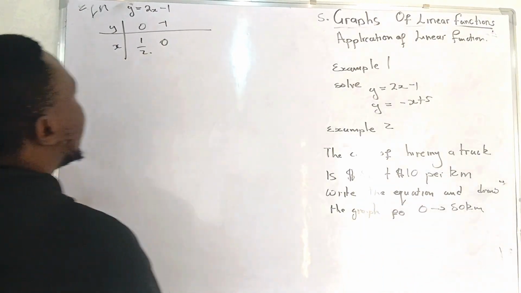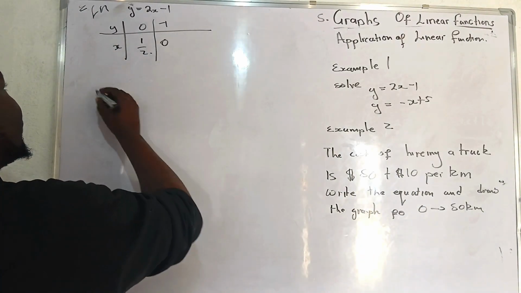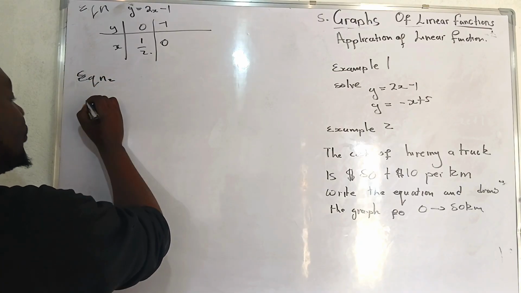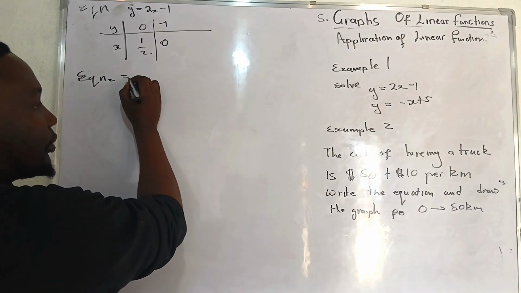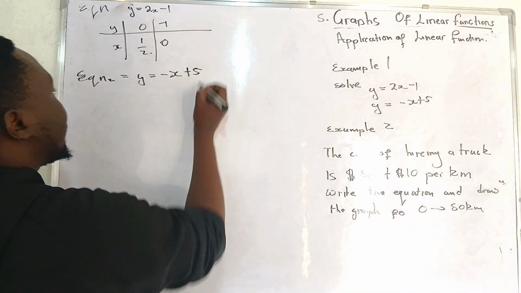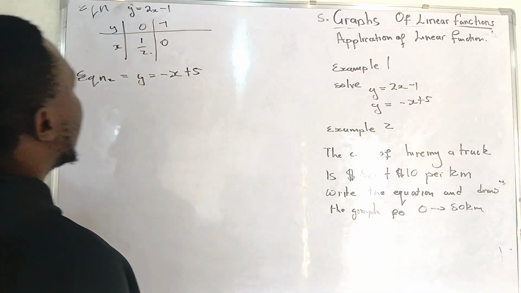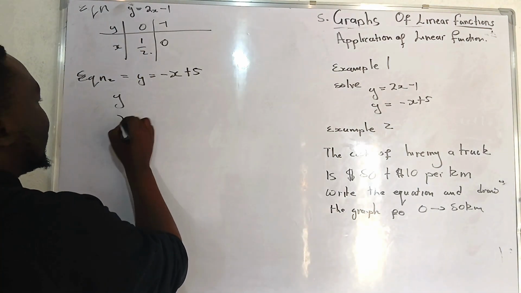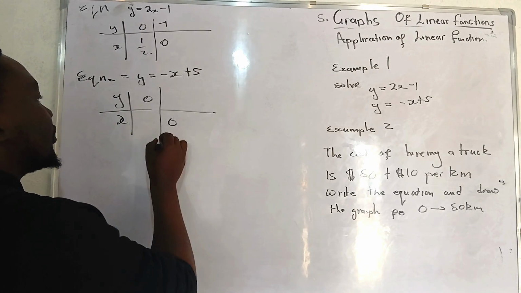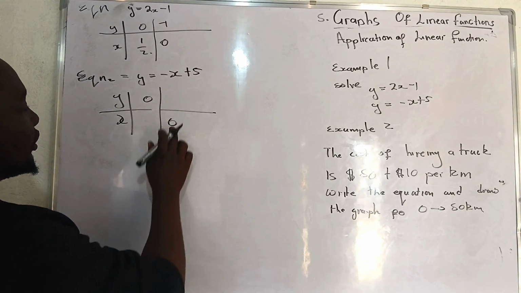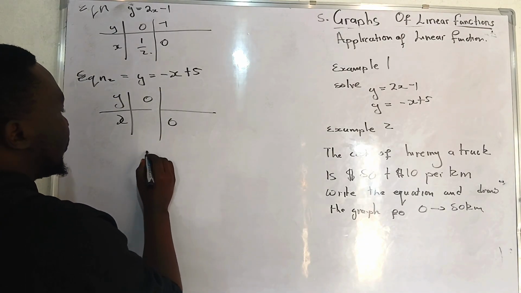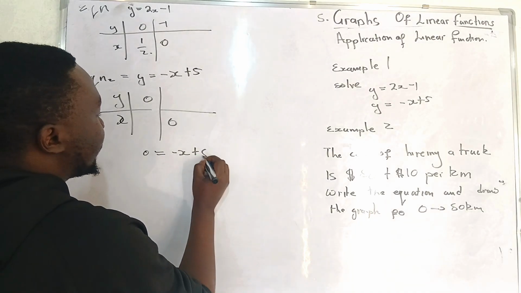Let's have the table for the second equation. Equation 2 is y equals minus x plus 5. When y is equal to 0, we have 0 equals minus x plus 5.